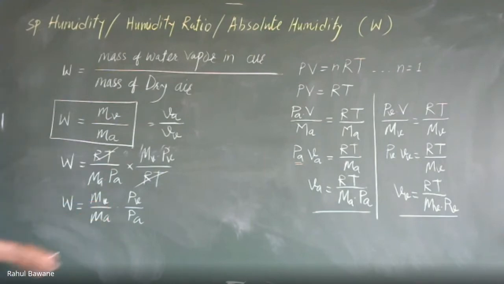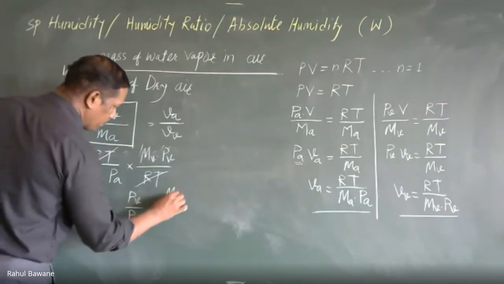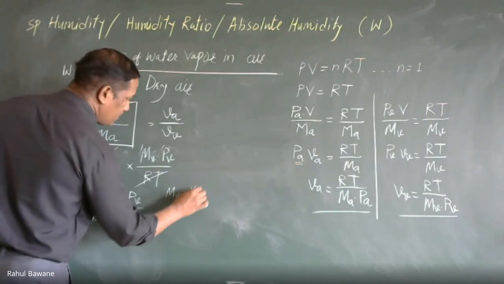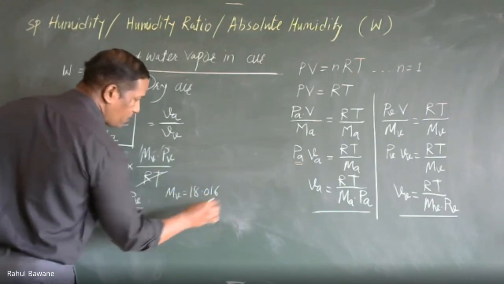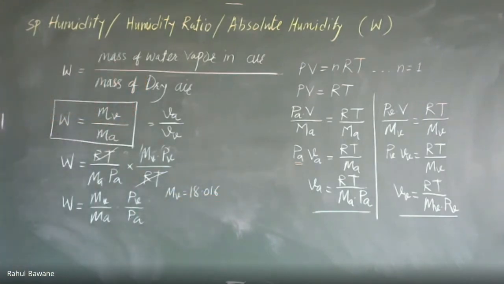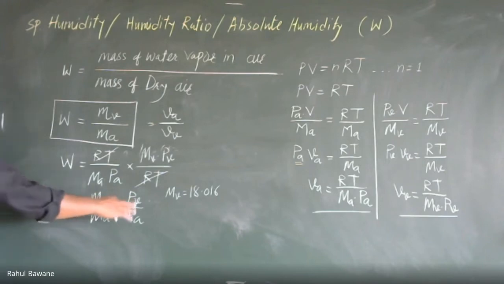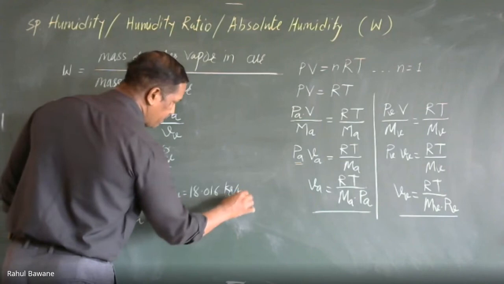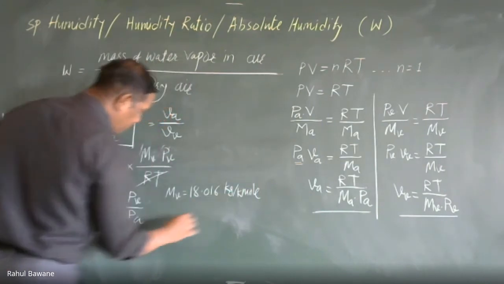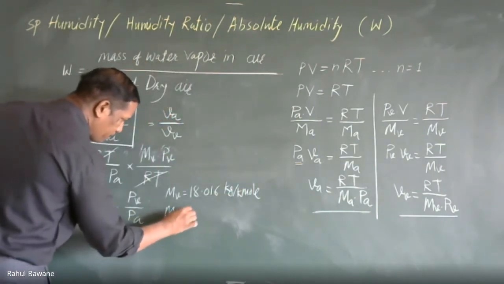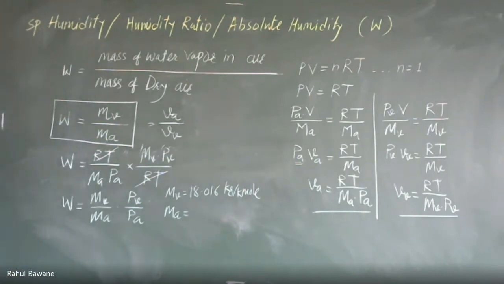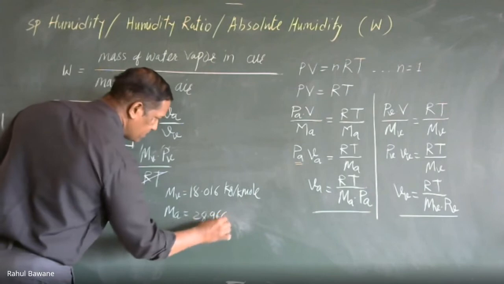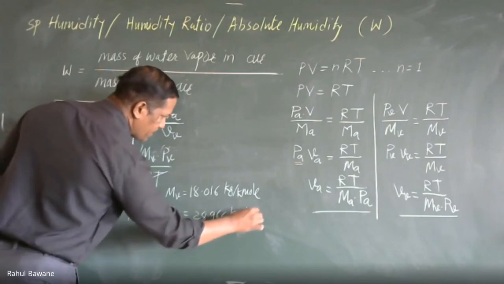The molecular mass of water vapor is 18.016 kg per kmol, and the molecular mass of air is 28.966 kg per kmol.